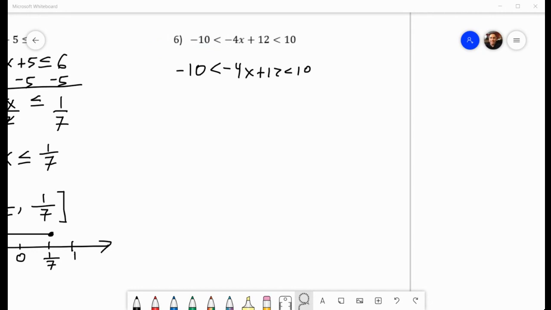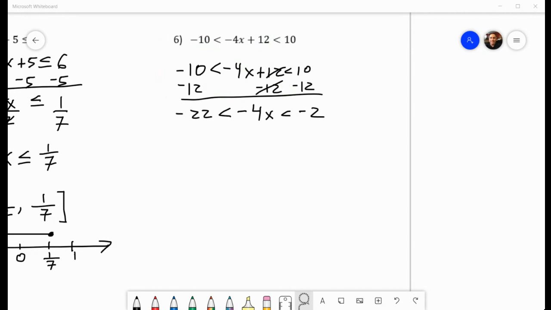Well, it would be good if we can get 12 out of there, because we don't want anything else but x in between. So let's subtract 12 from each side, like so. Doing that, these cancel. We have minus 4 times x, less than, on the right, negative 2, and on the left, negative 22.